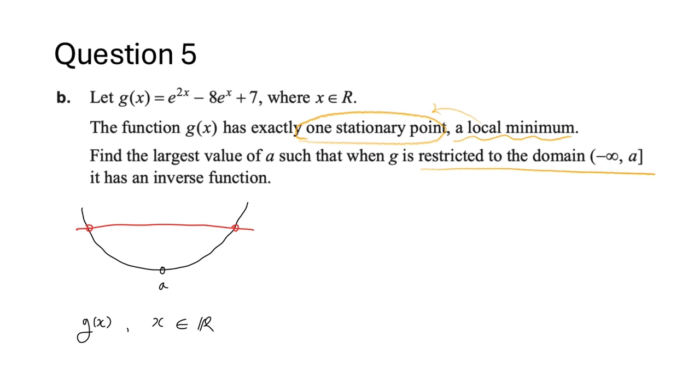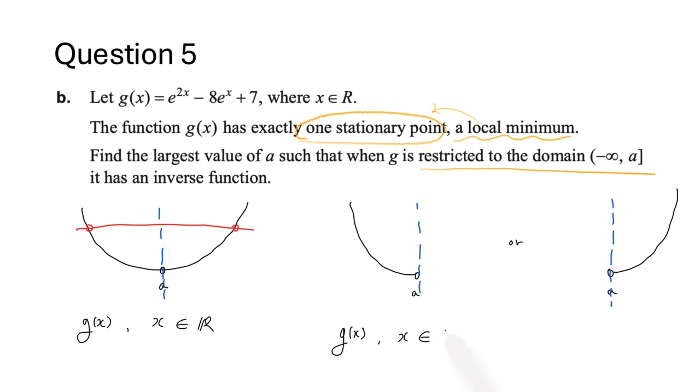However, by restricting the domain like this, we can see that it now passes the horizontal line test.